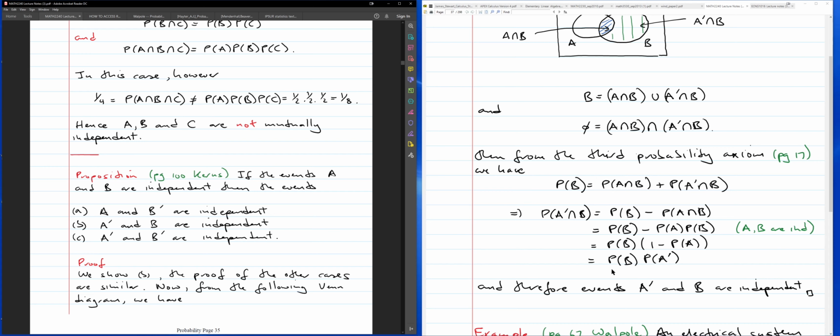What I just showed is that probability of A complement intersect B is equal to probability of A complement times probability of B.